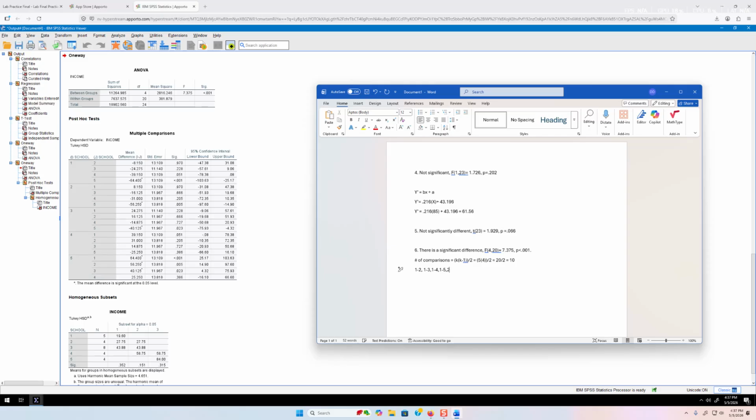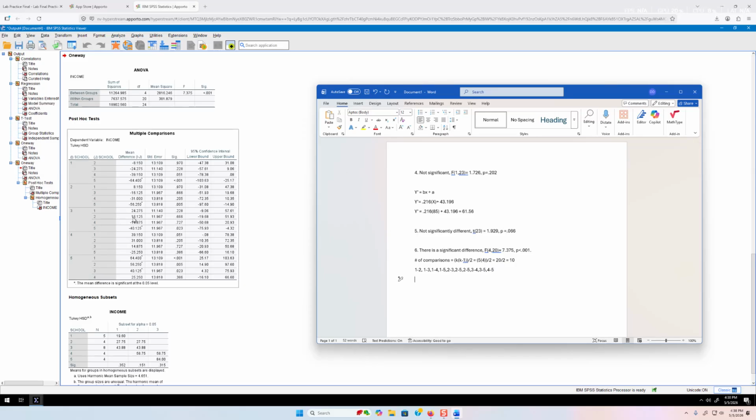We're going to do 2 and 3, 2 and 4, 2 and 5. Now for 3, we're going to do 3 and 4, 3 and 5, and for 4, we're going to do 4 and 5. Those are our 10 unique comparisons: 1, 2, 3, 4, 5, 6, 7, 8, 9, 10. Which ones of these are not significantly different?